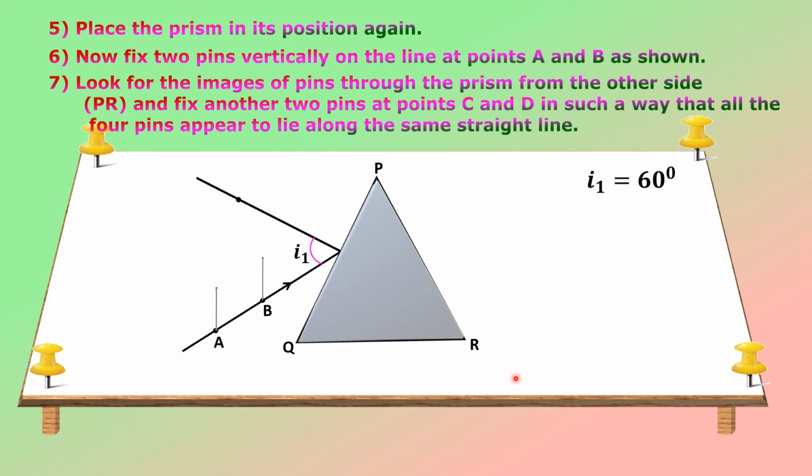So here an observer comes and looks for the images of these two pins. When he comes here he can see the two images of these two pins, and he will fix two more pins vertically in such a way that all the four lie along the same line.